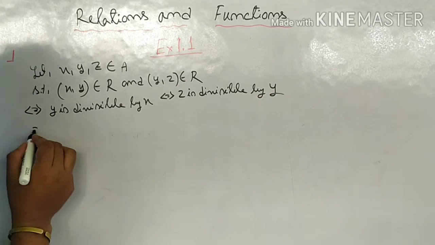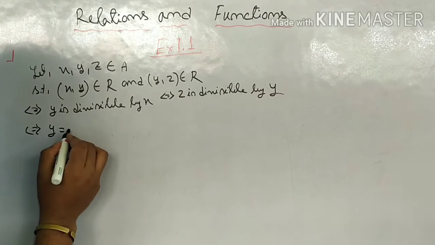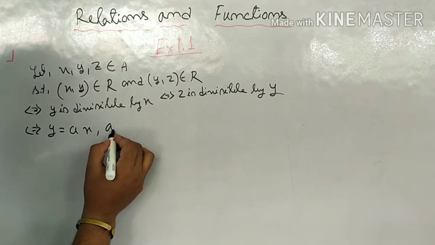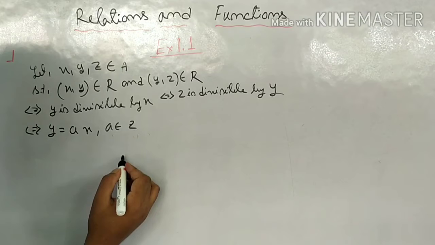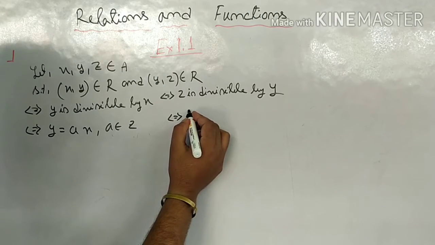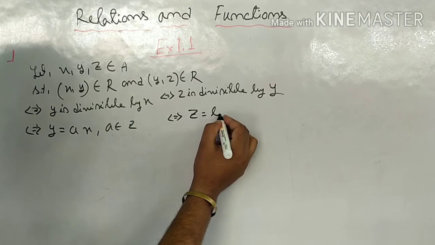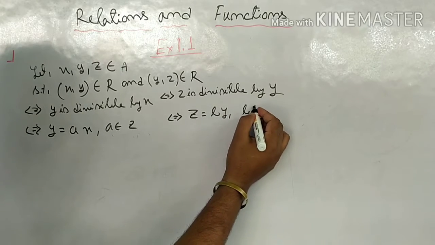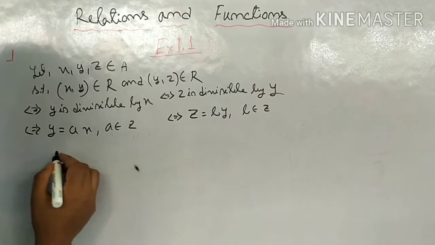Therefore let y = ax for some a belonging to Z, and z = by for some b belonging to Z.